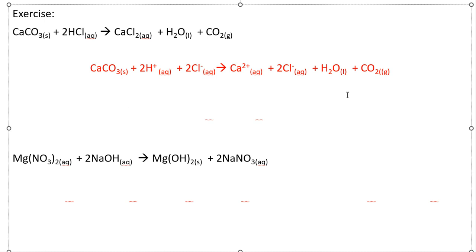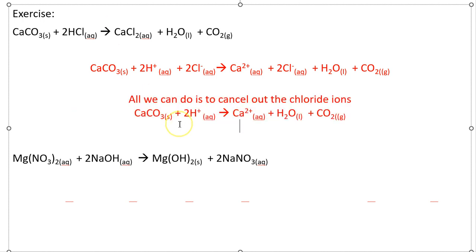I am almost done, but I notice that I've got 2Cl minus on both sides. That doesn't change. Cancel it out when I come to my final version, which is here. Cancel out the chloride ions. They're there at the beginning and at the end, and I get to my final ionic equation.